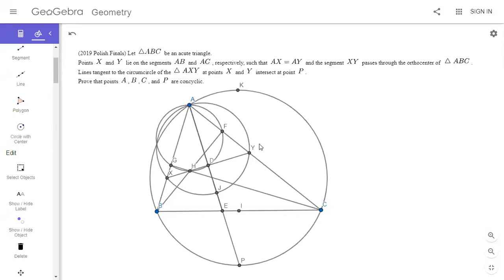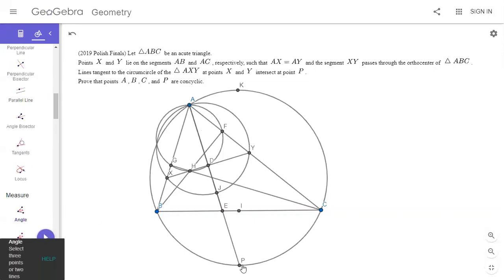That would mean angle PXY is equal to angle A, right? I could check that. Let's see. 67.9 degrees, 67.9 degrees. Okay.